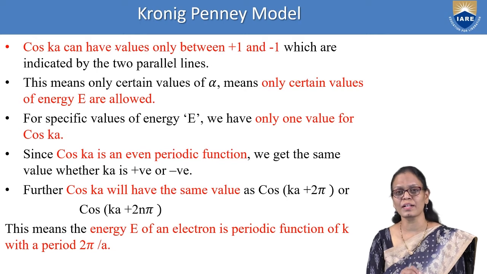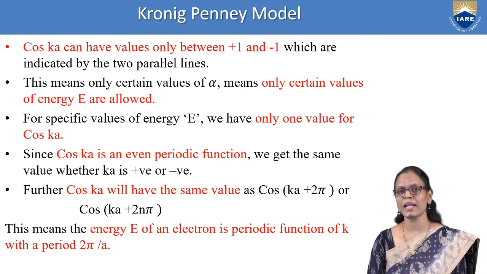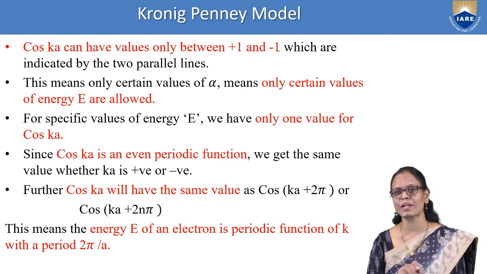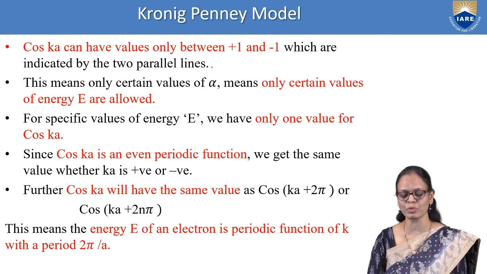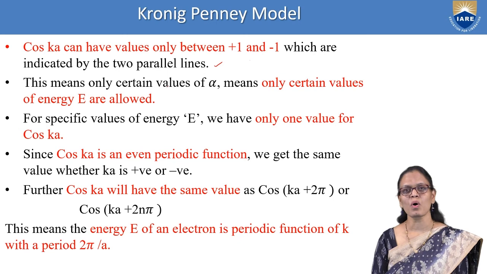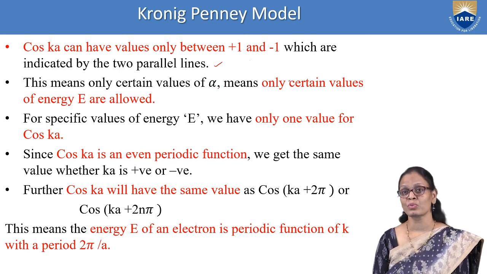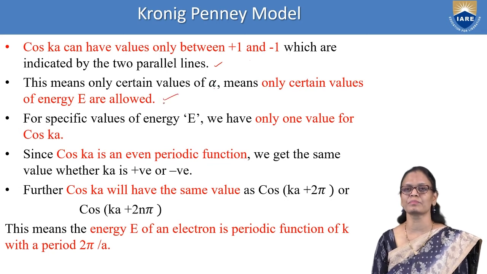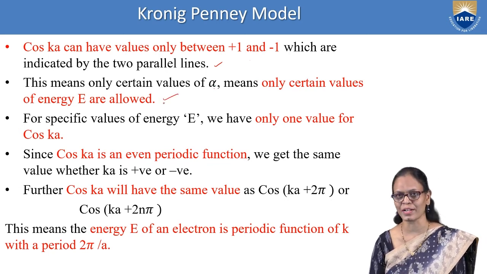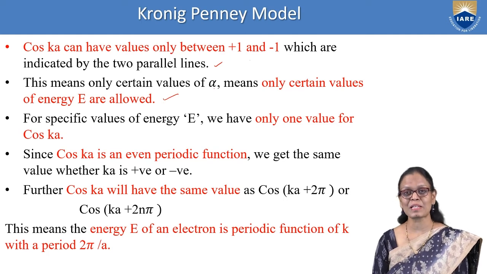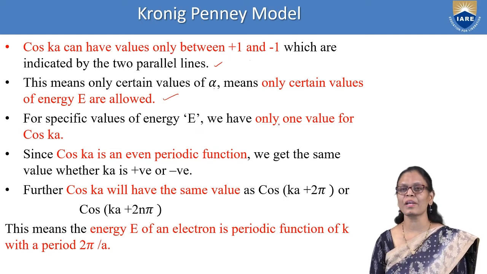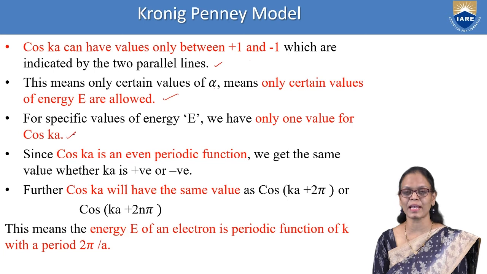Now, what should we understand from this graph? Cos Ka can have values only between +1 and -1, which are indicated by the two parallel lines. This means only certain values of alpha, and that means only those values of E related to this alpha are allowed. Other values are not allowed. For specific values of energy, we have only one value of cos Ka.